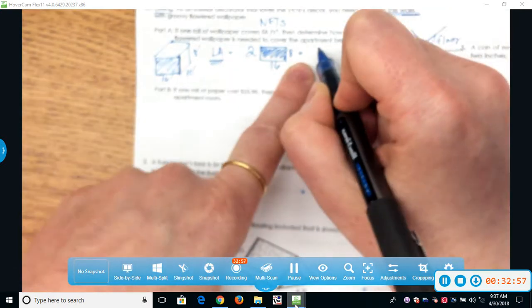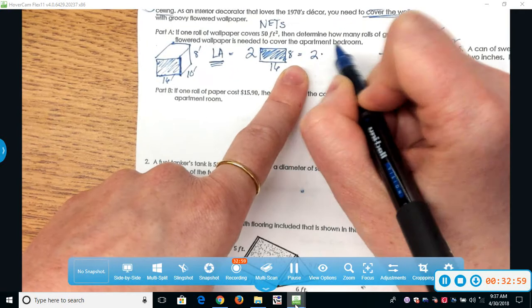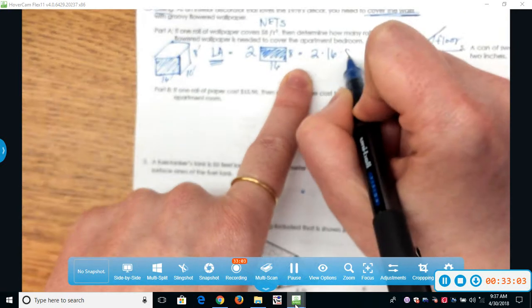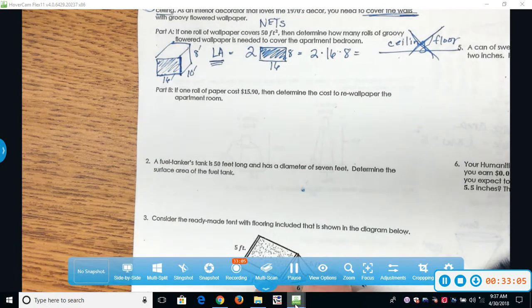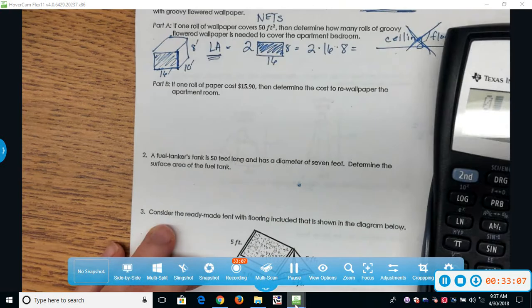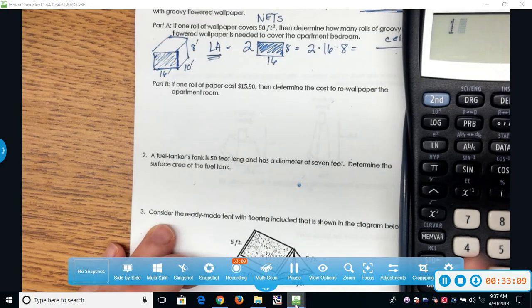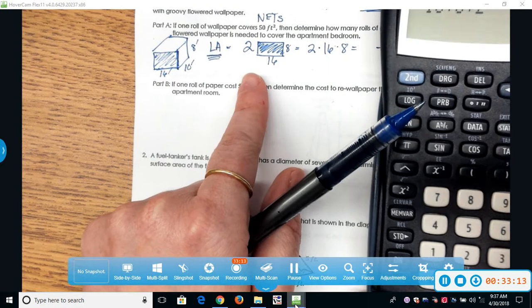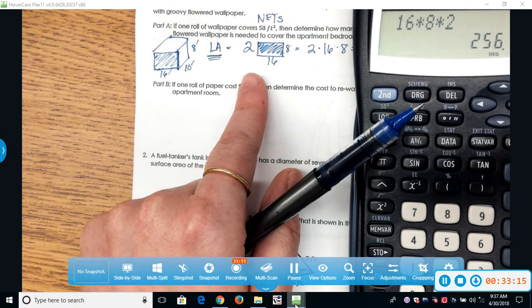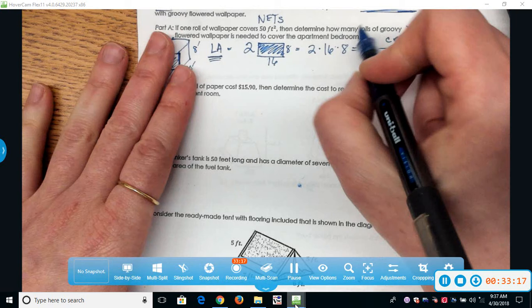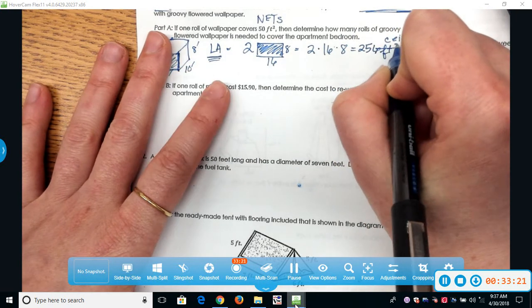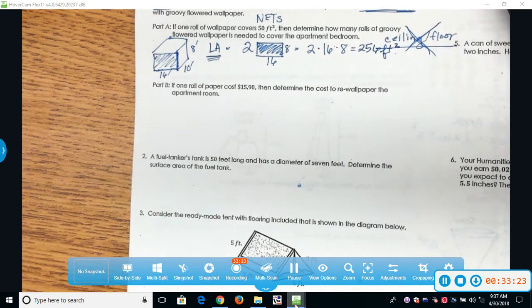So, I'm going to set up 2 sides. The area of those 2 sides is 16 times 8. I'm going to plug that in. 16 times 8, and I have 2 of them, so that's where the 2 comes from. That's going to give me the surface area of those 2 sides. That's 256 feet squared because it's area.